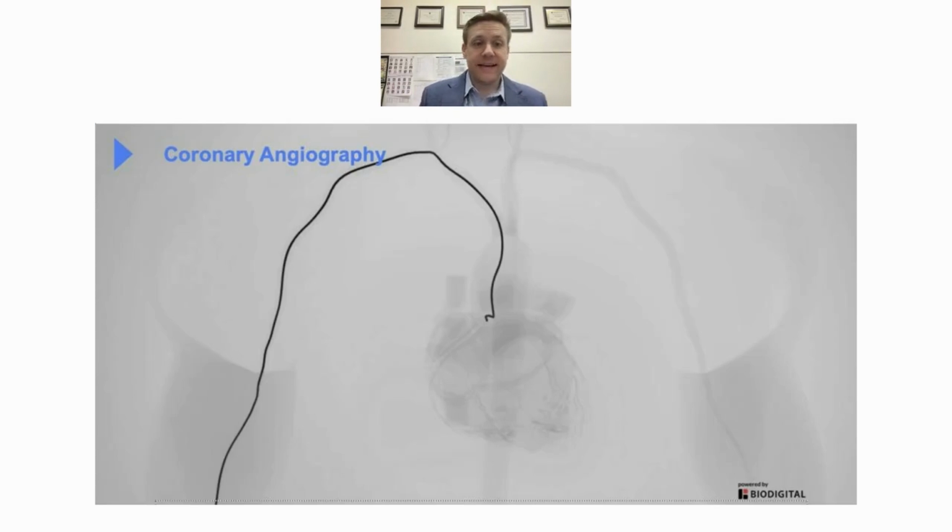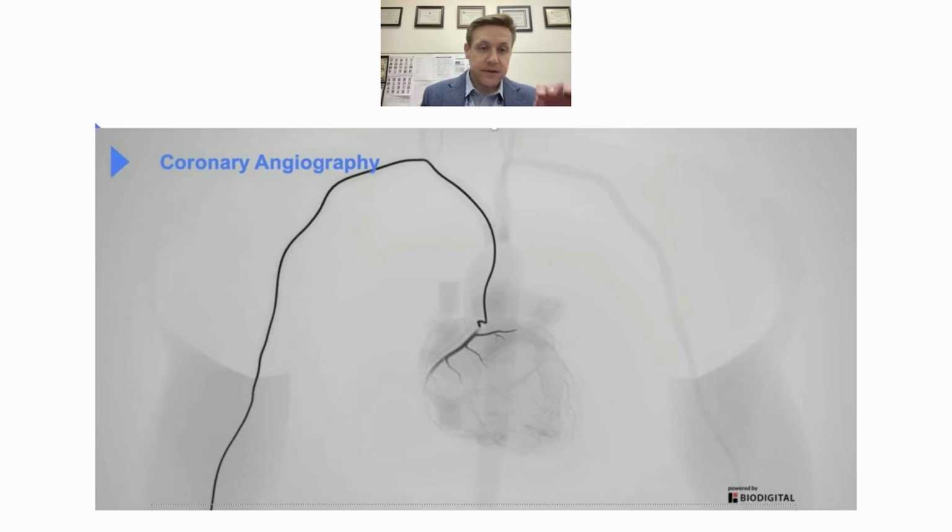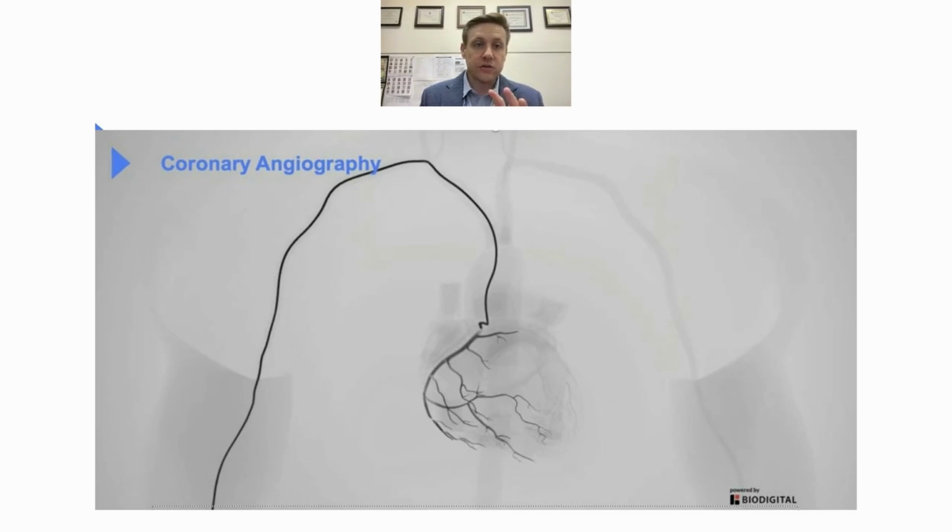And then you can do things like angiography, where you inject a little bit of dye, for example, here at the right coronary ostium, and see the dye go all throughout the coronary tree to make sure there's no occlusions there. And that's basically in reverse how you would diagnose something like an occlusion in the first place. You would not see all of these branches appear. One of them would be blocked off.